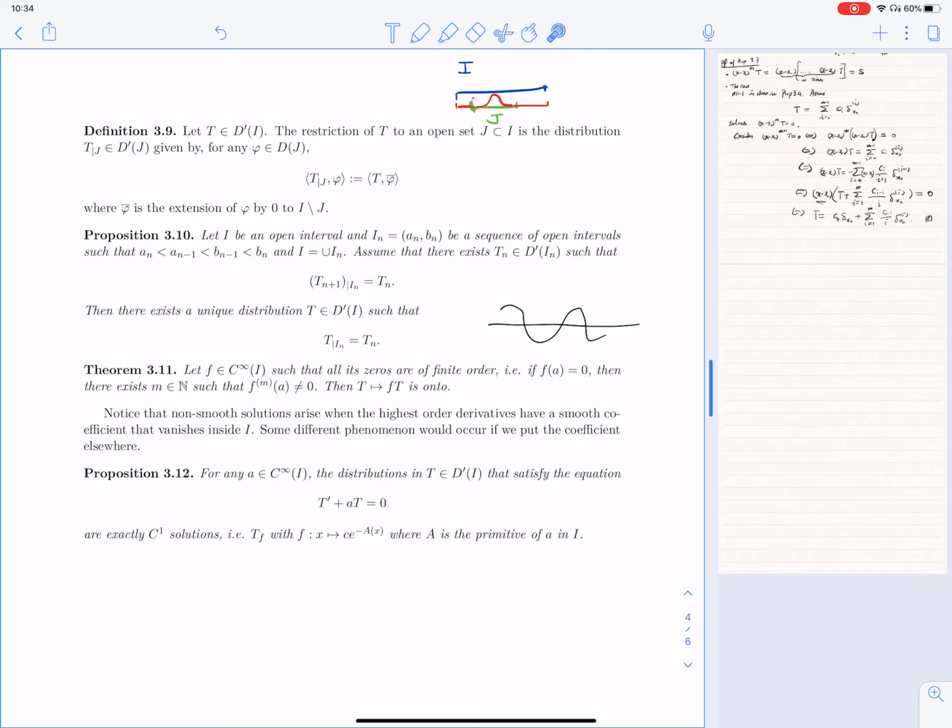If we have a sequence of this kind, which is consistent, then we can find a unique distribution T on the union of everything, such that we can recover the whole sequence by taking the restriction of this unique distribution on the biggest set, T restricted to I_n. So this is quite useful.